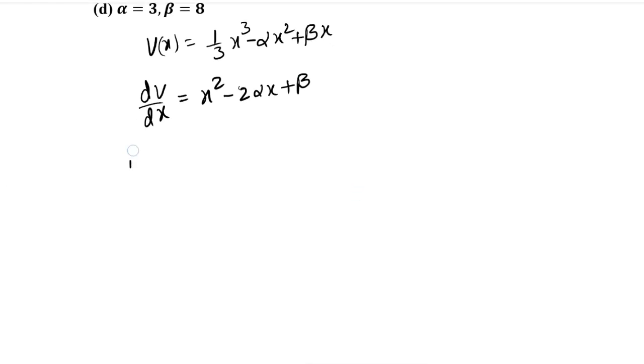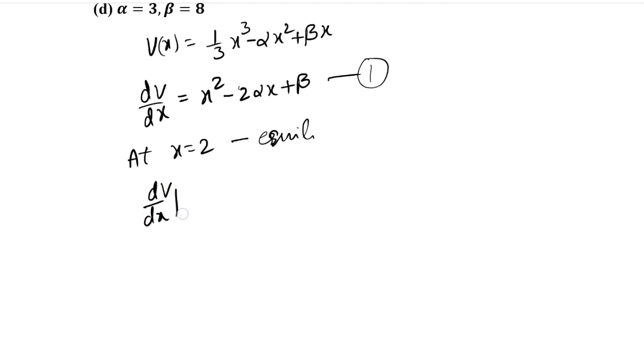It is given that at x is equal to 2, it is in equilibrium. So if we substitute 2 into this equation 1, we will get the equilibrium position. So substitute 2 and equate to 0, means dv by dx at x is equal to 2 is equal to 0.